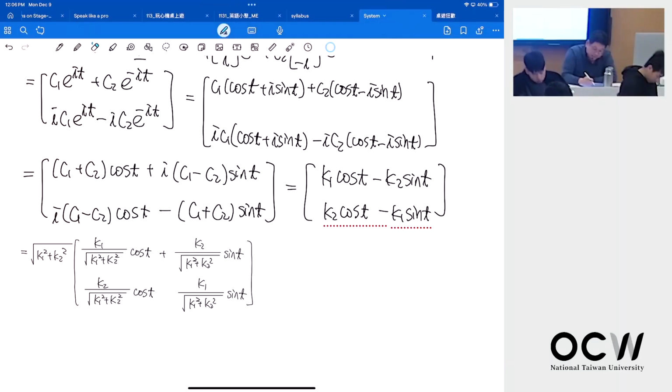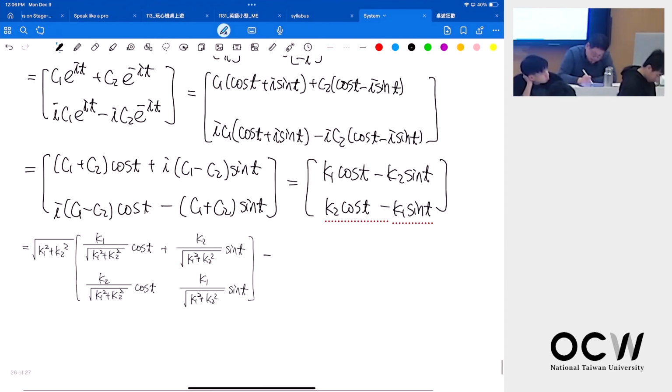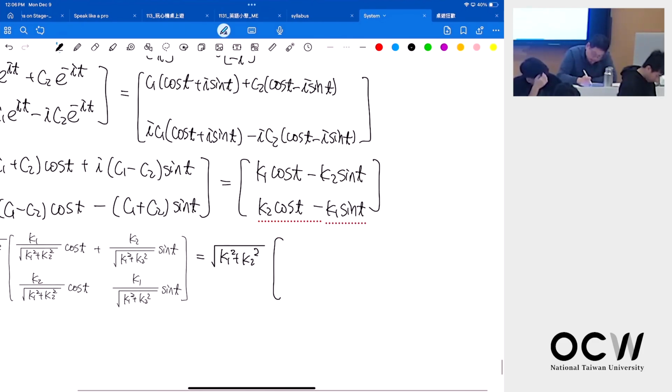So for the first row, this expression I can write as K1 squared plus K2 squared. The first one is sine theta plus t.